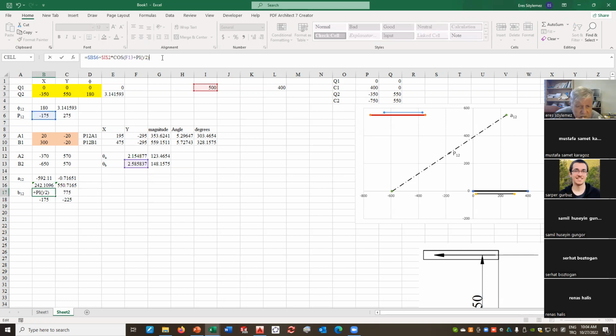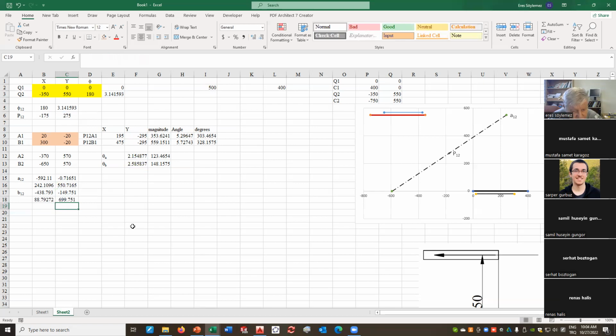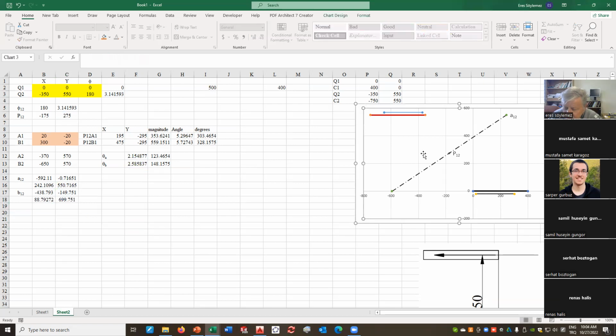Now it is correct. This seems much simpler than typing the whole formula again.